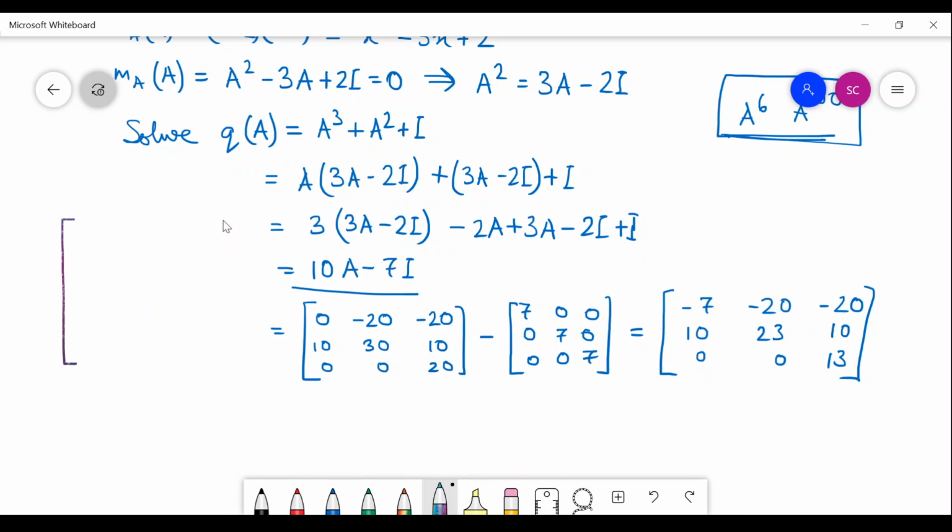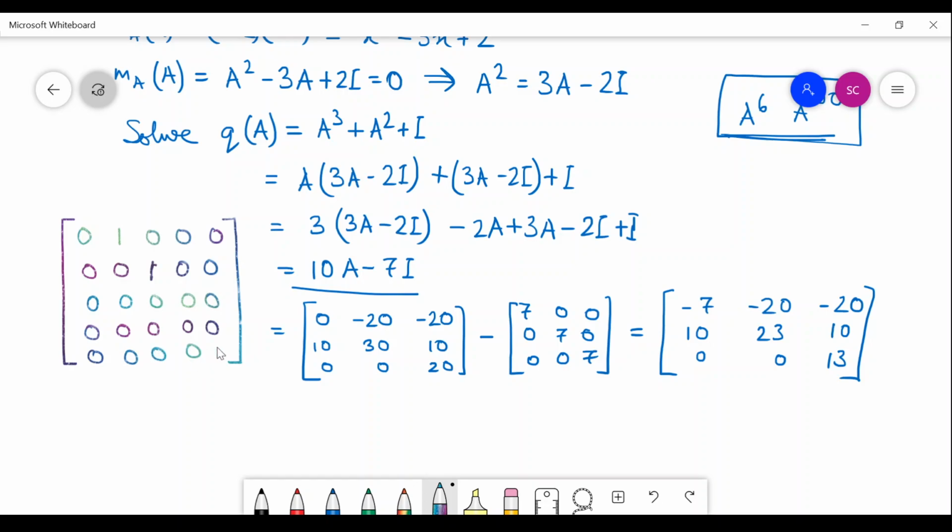This is a large matrix, but don't get intimidated by its size. It's basically very easy to solve. So this is the matrix which you can work with.